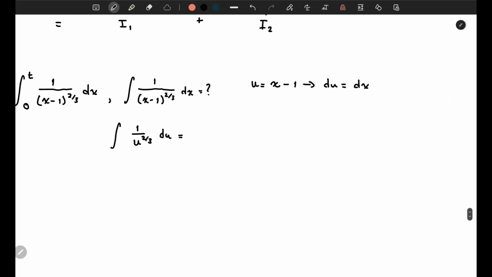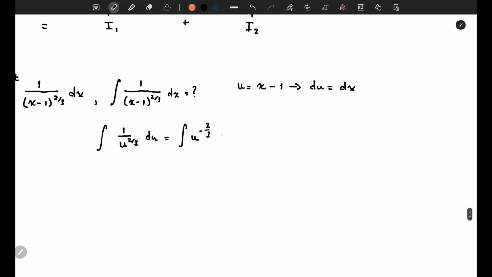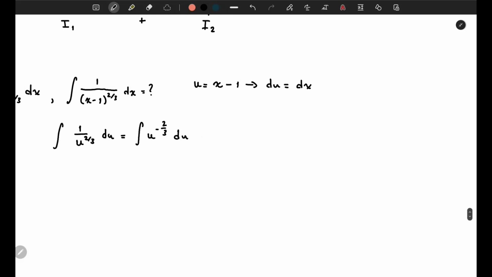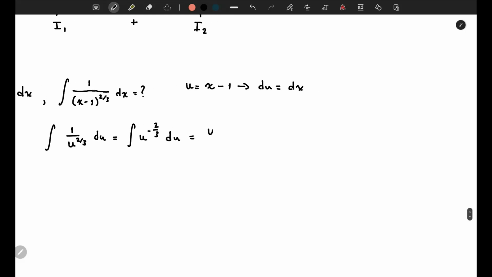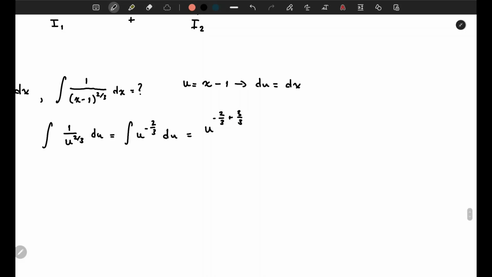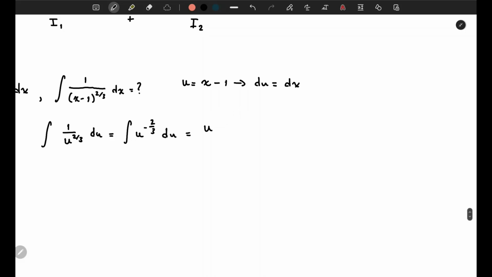And we know that technically we can rewrite that as u to the power of negative 2 over 3 du. So if we integrate this now, u to the power of negative 2 over 3 plus 1, that would be negative 2 over 3 plus 3 over 3, so that would be 1 over 3.